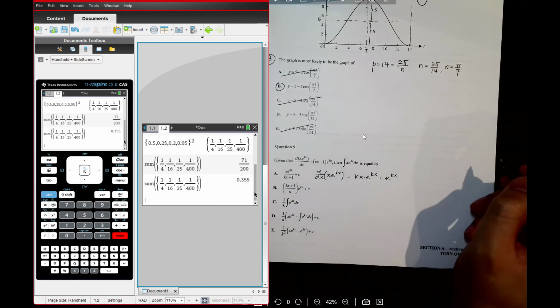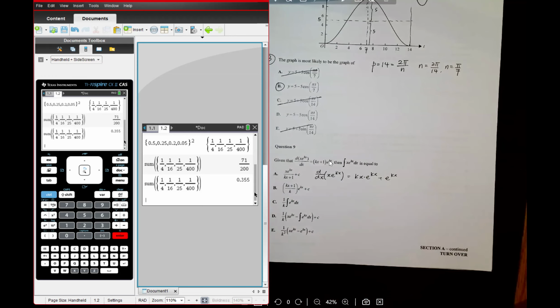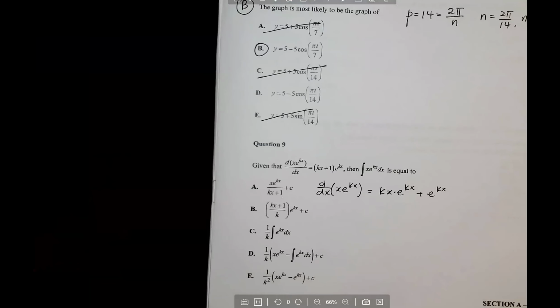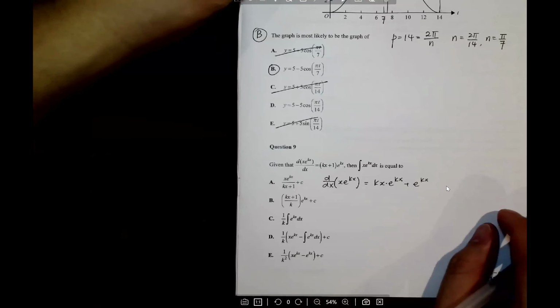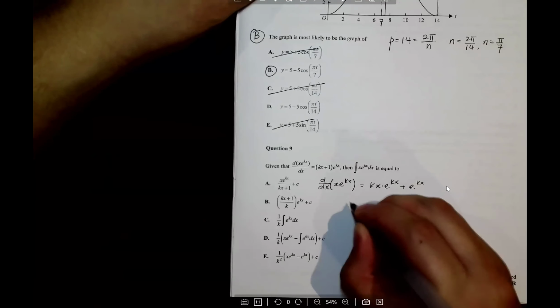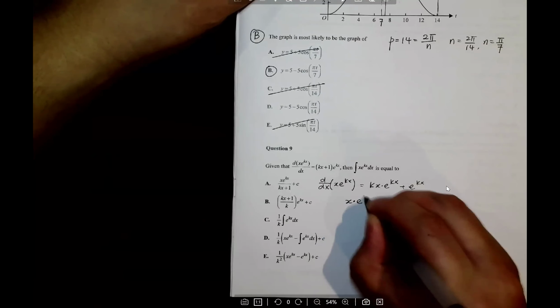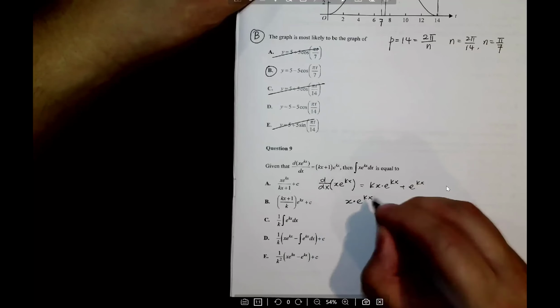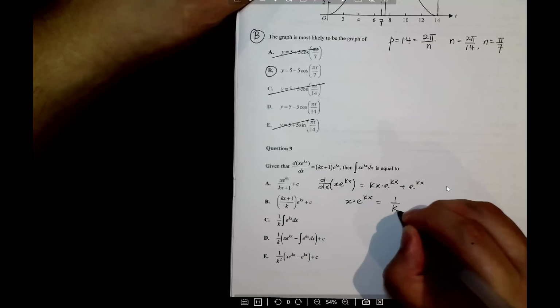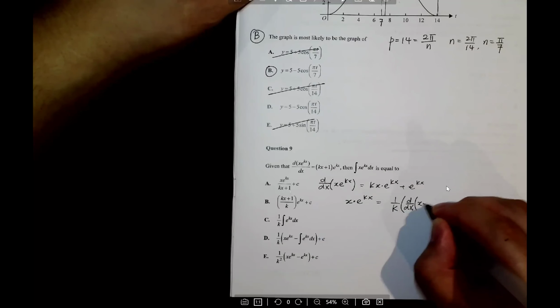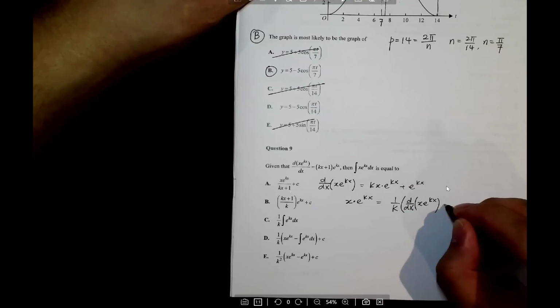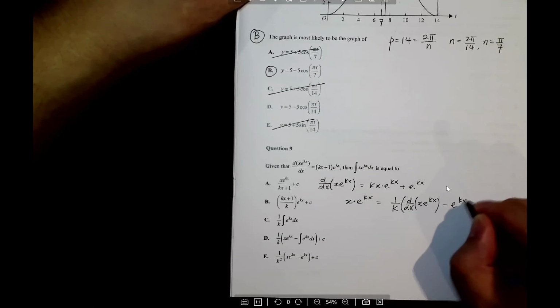The next thing is we need to isolate this x e^kx in this question. So let me zoom in a little bit so you can see it better. I'll first say x times e^kx equals 1 over k times the derivative of x e^kx minus e^kx, okay?